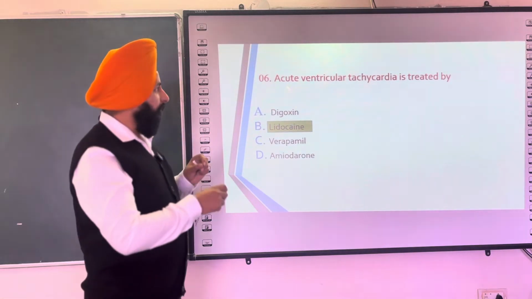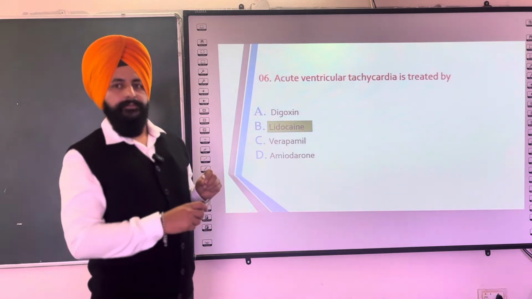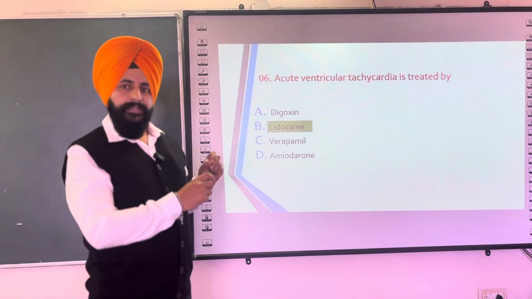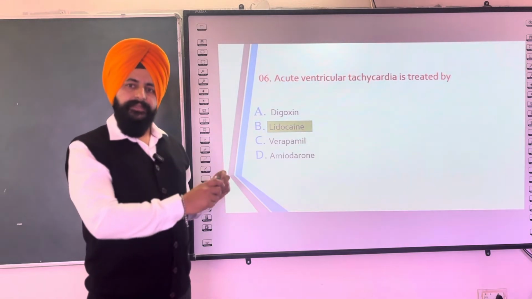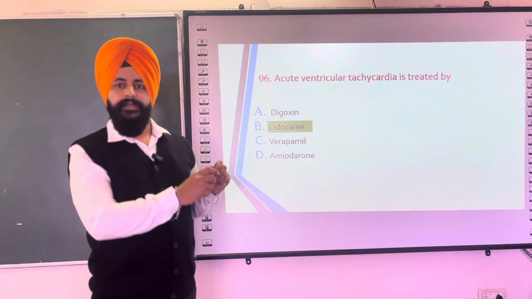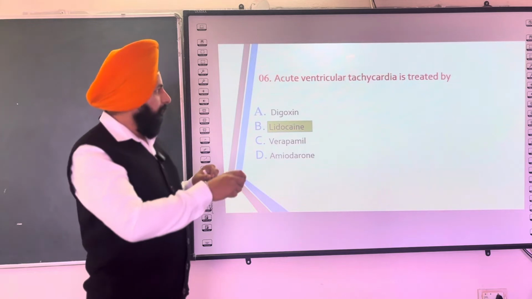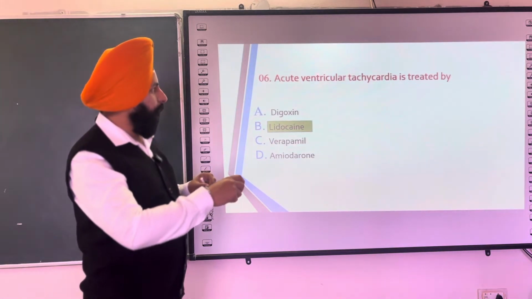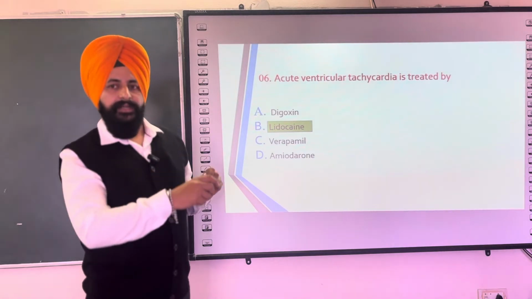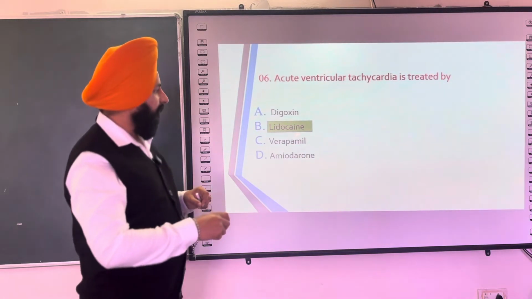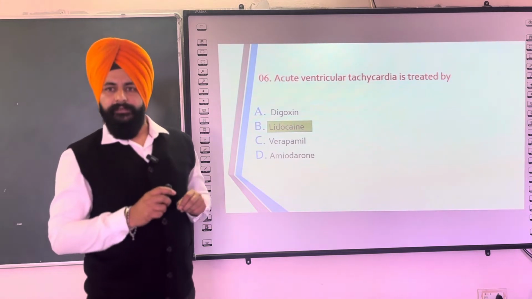If the question is about chronic, lidocaine will not be the option. So lidocaine is useful for acute ventricular tachycardia, which can be associated with myocardial infarction. So if there is a question that acute ventricular tachycardia associated with myocardial infarction can be treated by, the answer will be lidocaine.